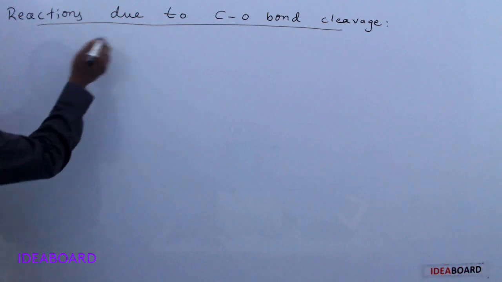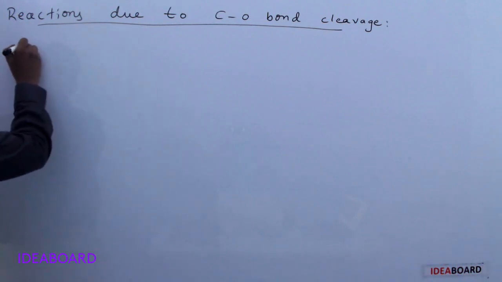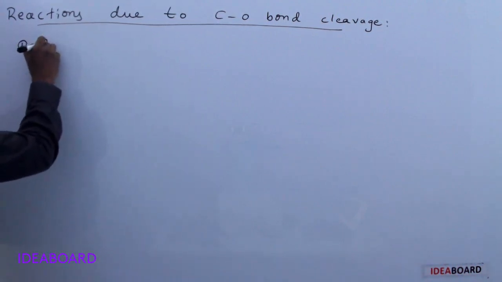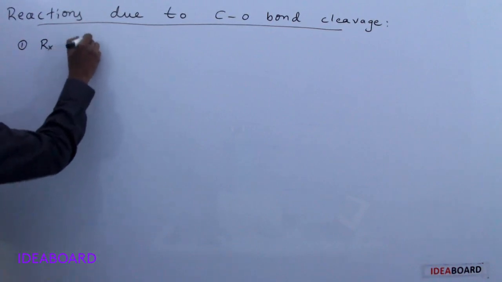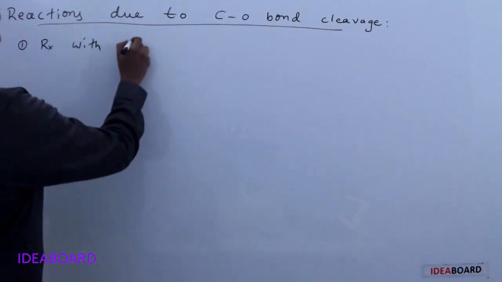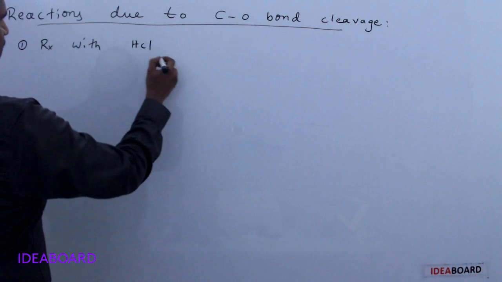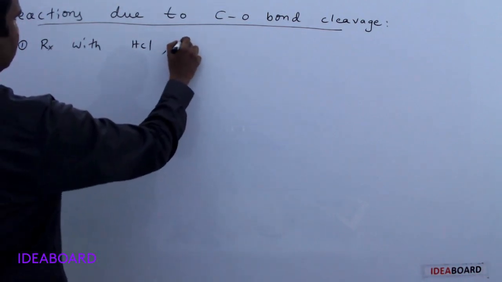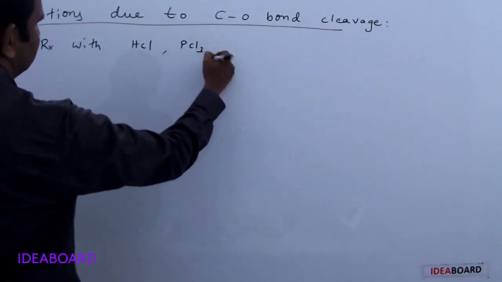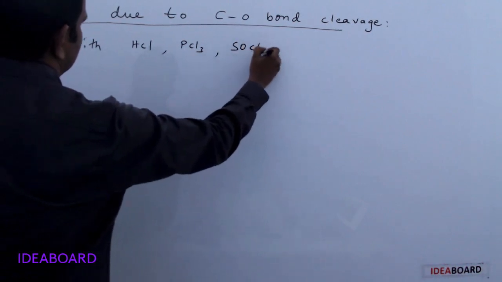In CO bond cleavage reactions, the first type is the reaction with HCl, with PCl3, or with SOCl2.